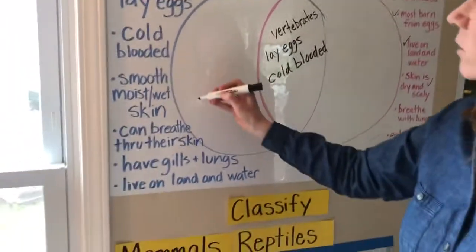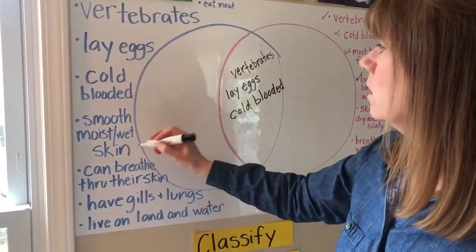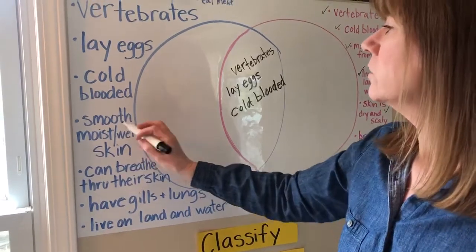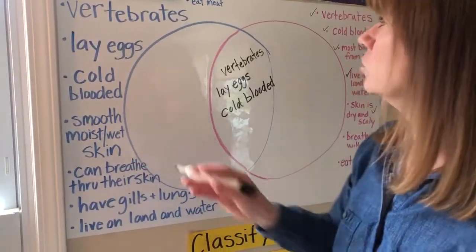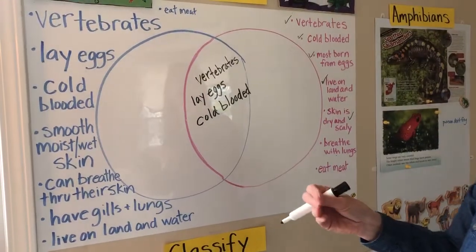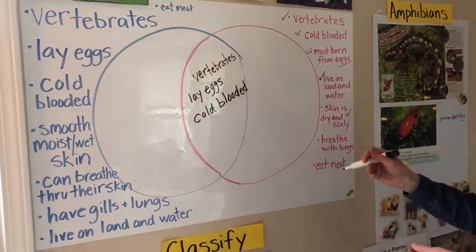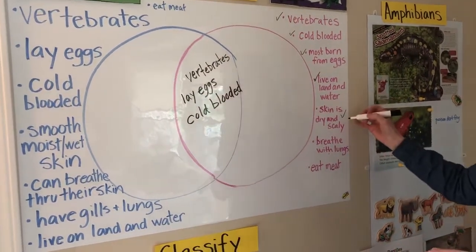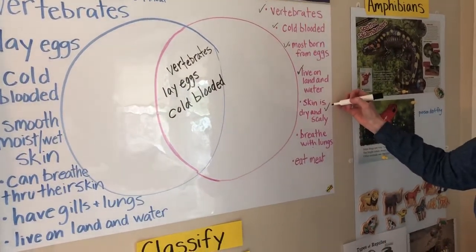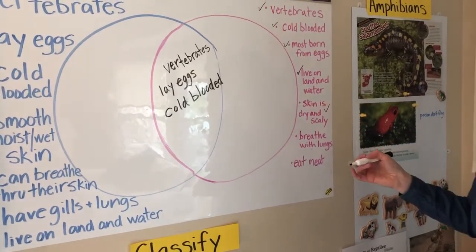All right, let's go down to how their skin might look or feel. An amphibian's skin is smooth, it's moist or wet, and when you touch it, that's how it would feel. Probably a little slimy also, because they do have a mucus covering on their skin. If you come over to the reptile category, their skin is dry and scaly.